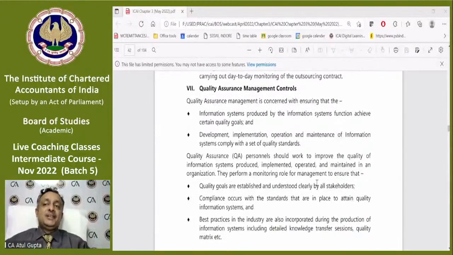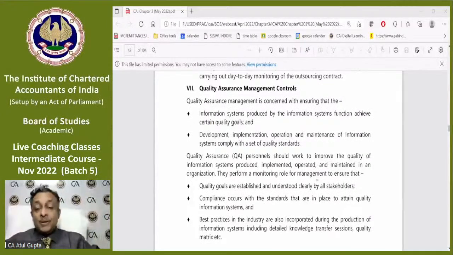quality assurance management. Simple. First line, I'll read. Information systems produced by the information systems function achieve the defined quality goals. So the purpose, the intent that you had when you planned management control, that purpose being achieved is quality assurance.